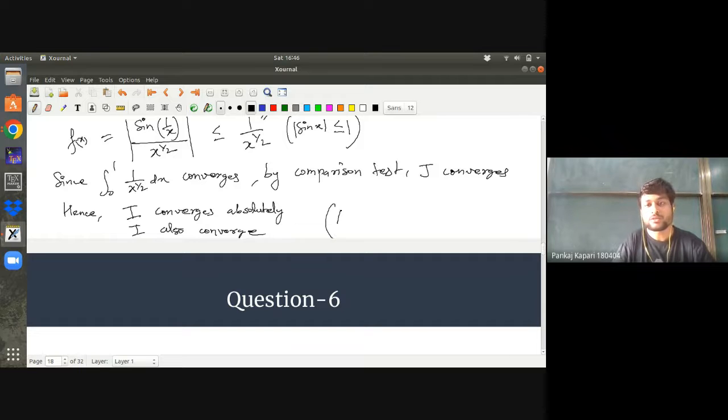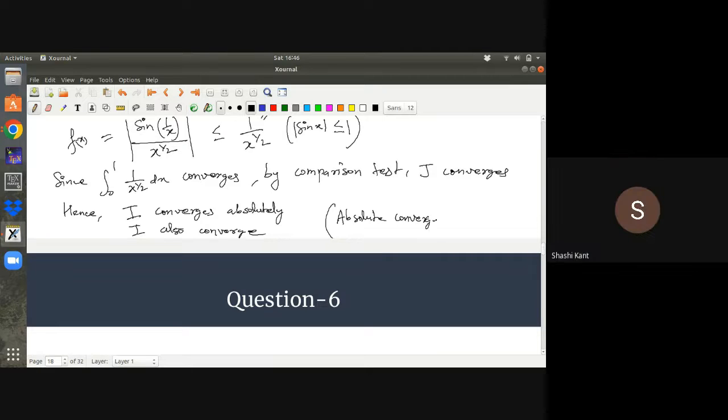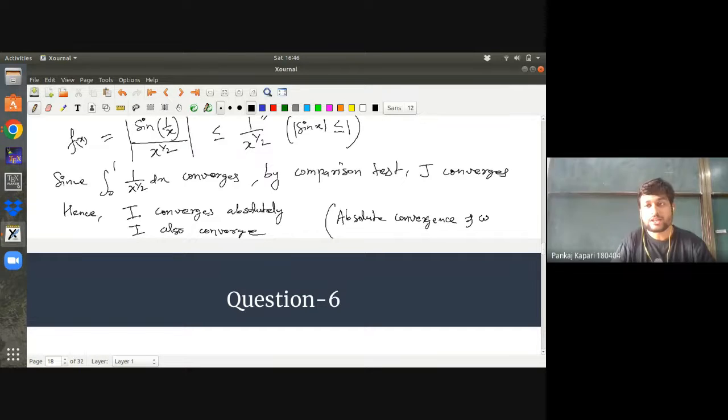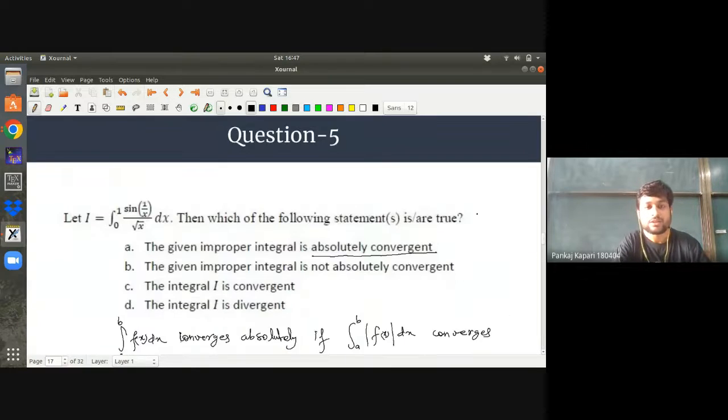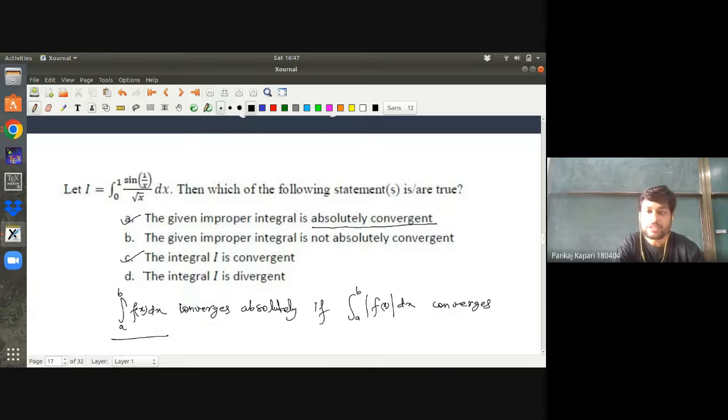Why? Because absolute convergence implies convergence. Therefore options A and C are correct. So the integral converges absolutely, and hence it is convergent.